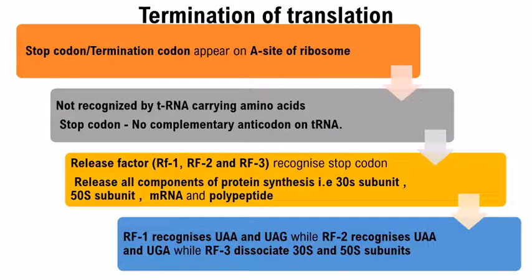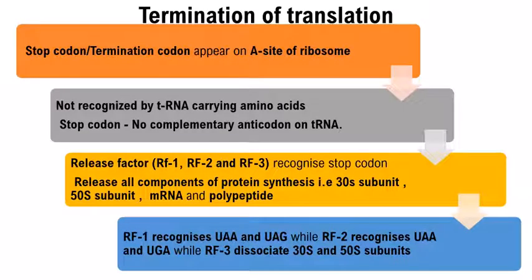Hydrolysis by the release factors causes release of all components of translation, that is the 30S, the smaller subunit, 50S, the larger subunit, the template, that is the mRNA, and the newly synthesized polypeptide. They will separate from one another.